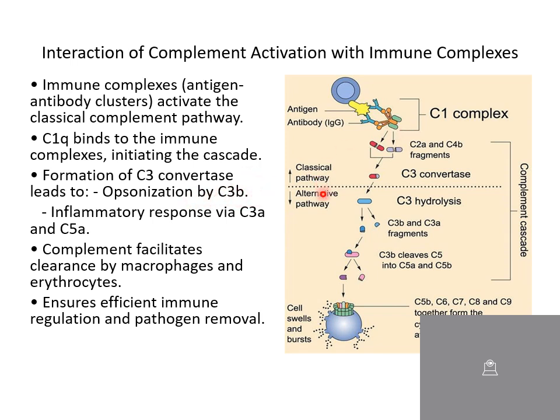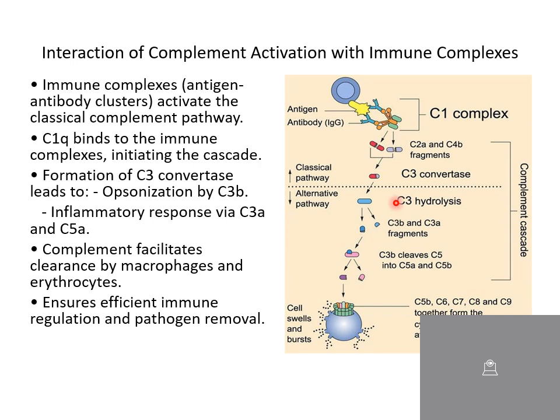The difference between these two pathways is that the classical pathway starts from C1 binding to the immune complex, and the alternative pathway utilizes C3 convertase, whereby it will be bound to factor B with the help of factor D, leading to C5.